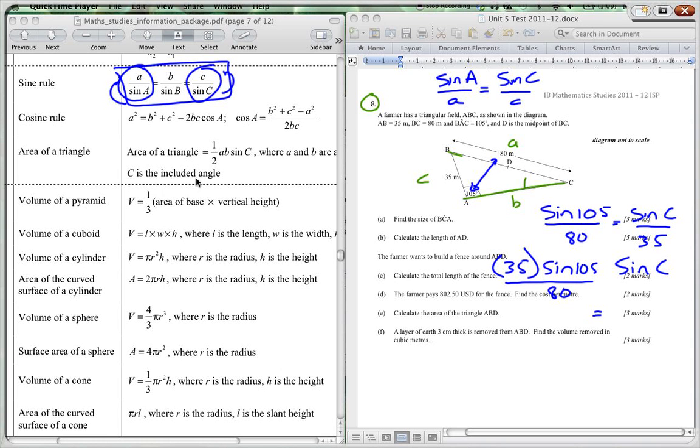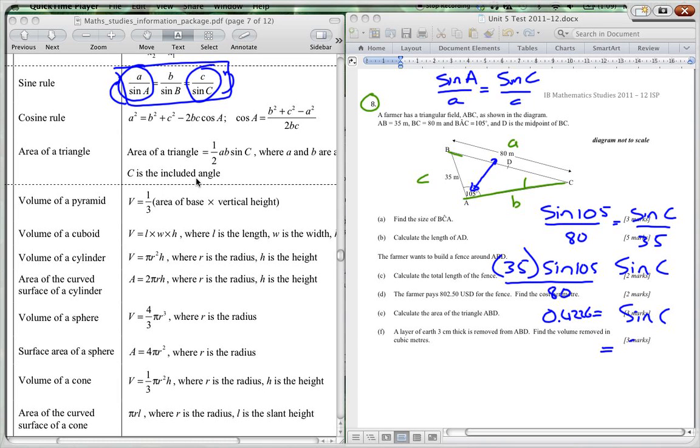I do that in my calculator and I get 0.42259. I keep that value in my calculator, do second function sine, second function answer, and I get 24.998.